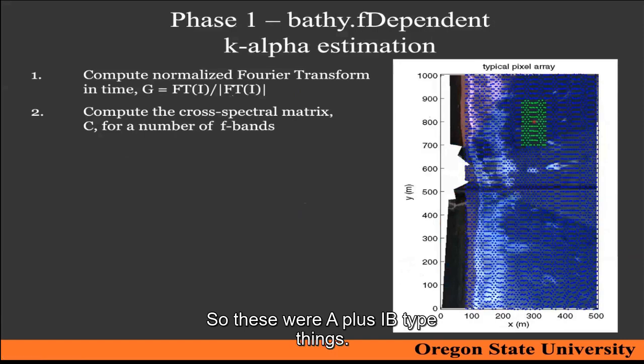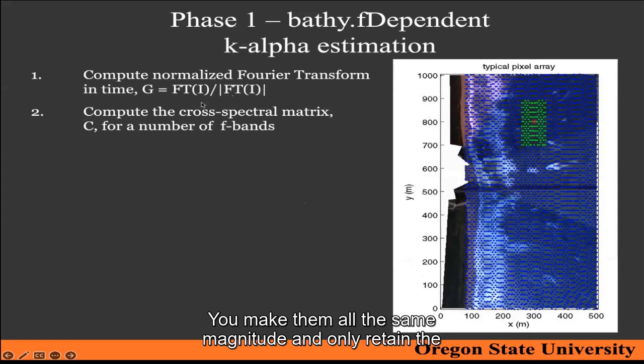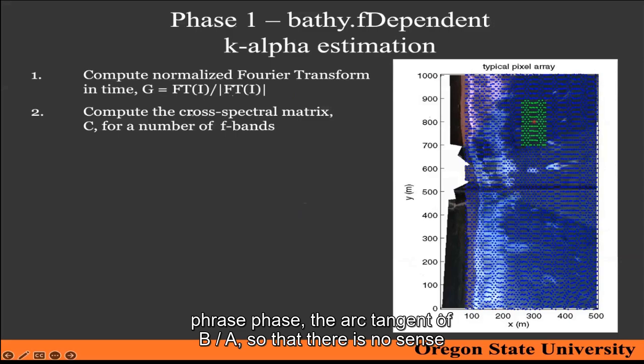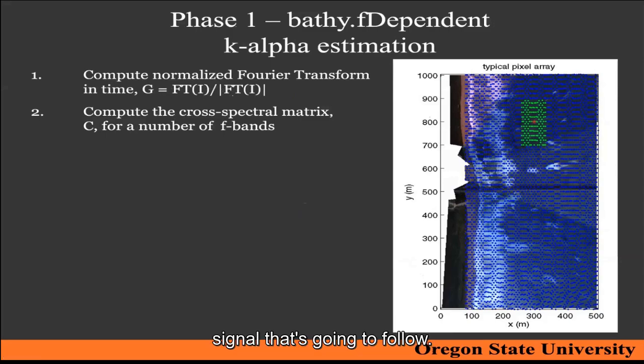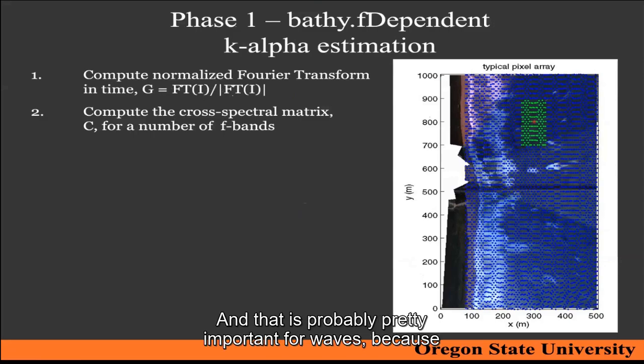So these were A plus iB type things. You make them all the same magnitude and only retain the phase, the arctangent of B over A, so that there is no sense of magnitude of different Fourier contributions into the signal that's going to follow. It's only phase that we're going to care about.